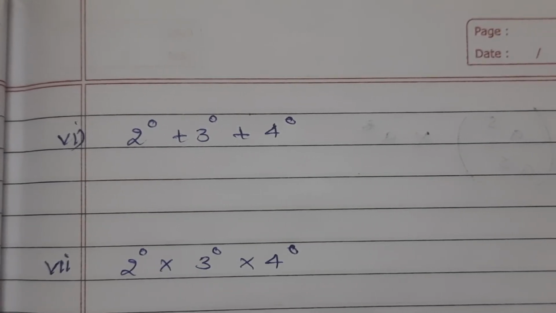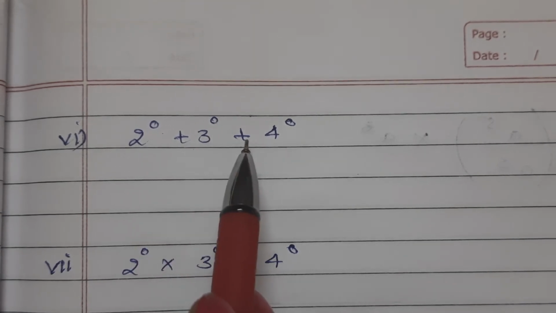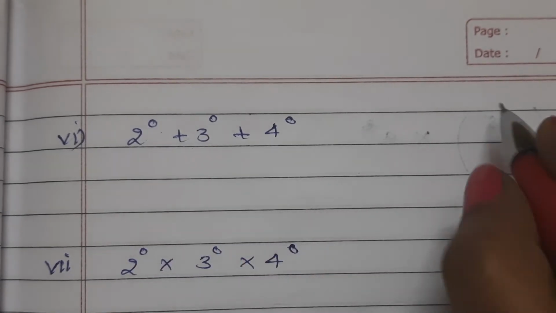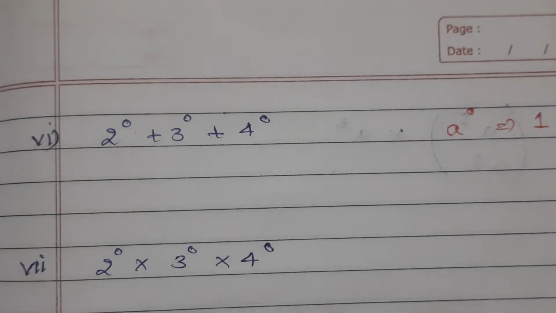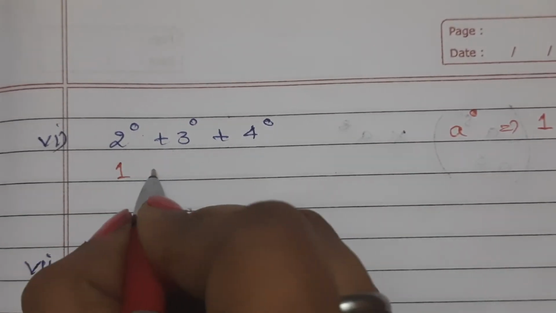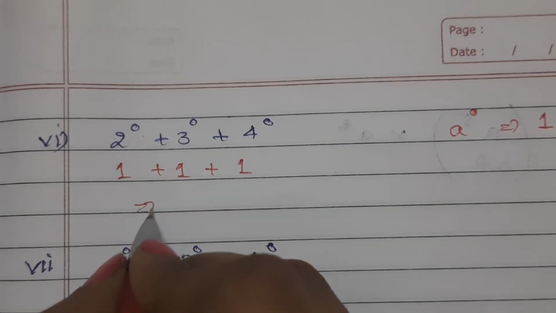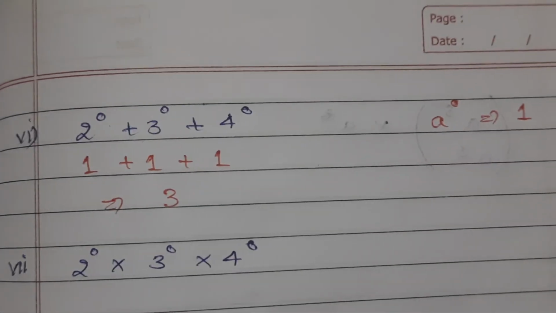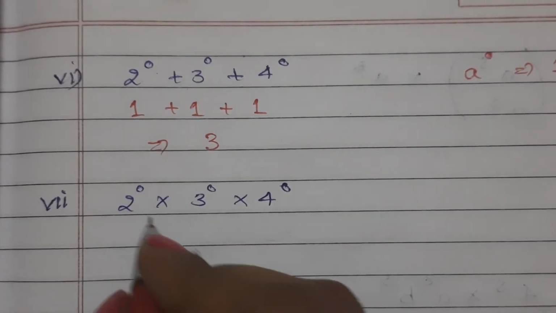So now we have reached the simplest of the questions, 2 to the power 0 plus 3 to the power 0 plus 4 to the power 0. Which rule? A to the power 0 equals 1. So we will put the value 1 plus 1 plus 1. So the answer is 3. Same way, next one is for multiplication, and we know the value.